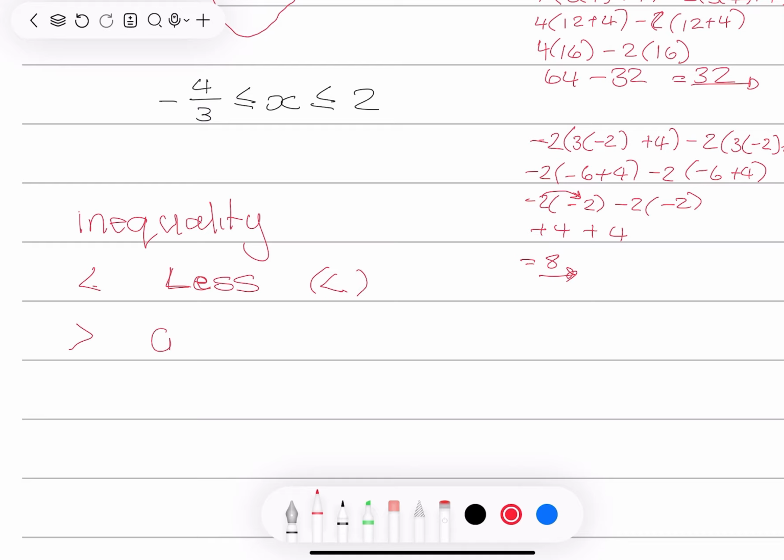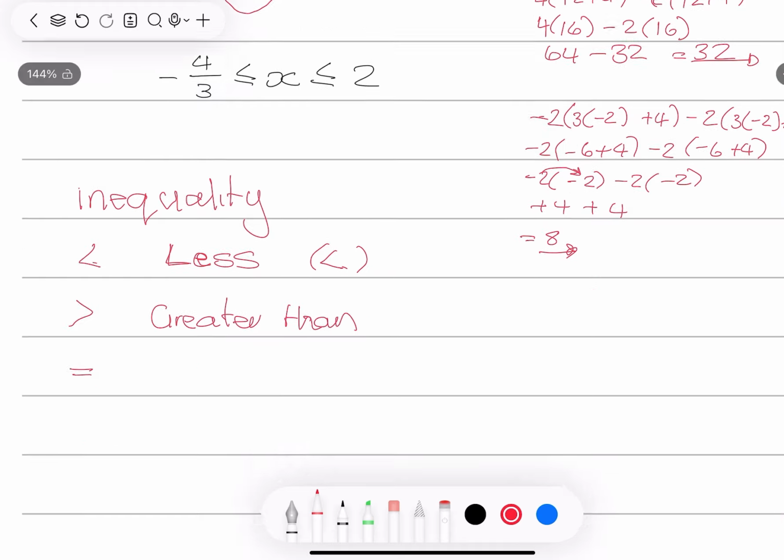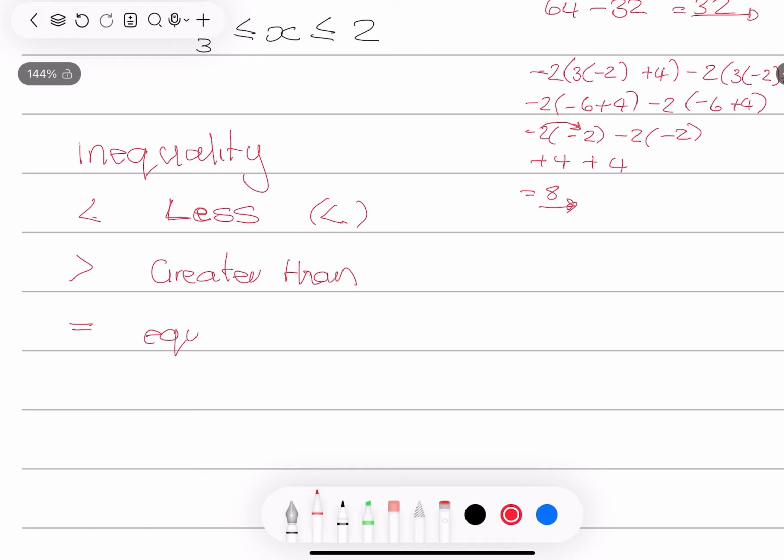The other way would obviously be greater than. Then we could obviously have an equal to, which can be coupled with a less than and equal to, or a greater than and equal to.